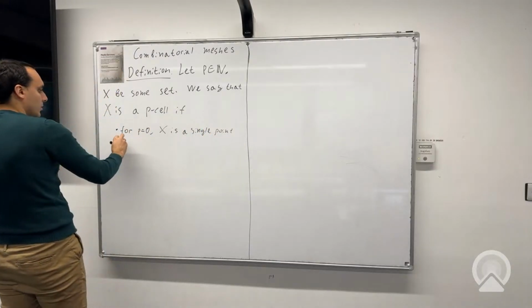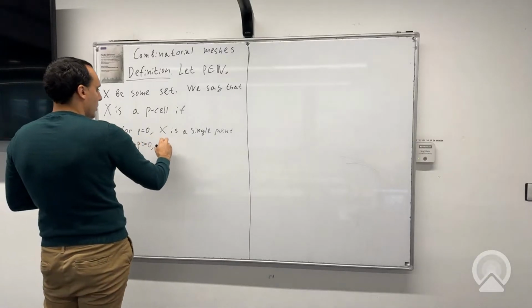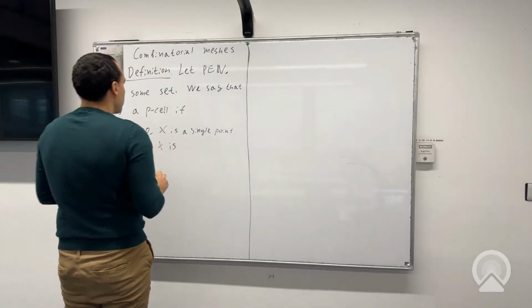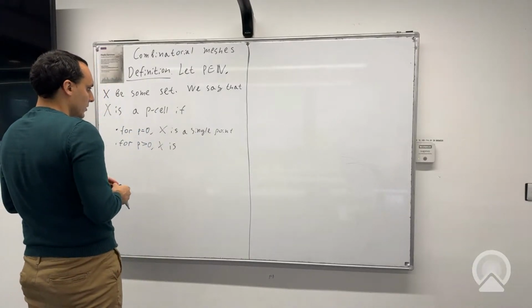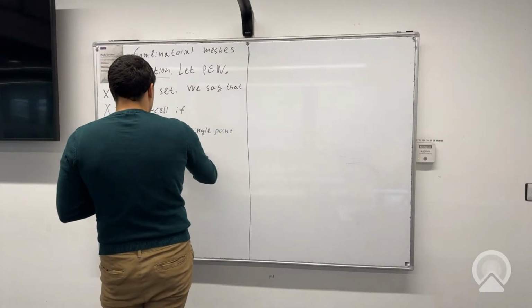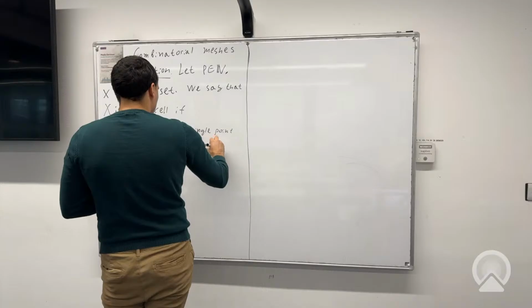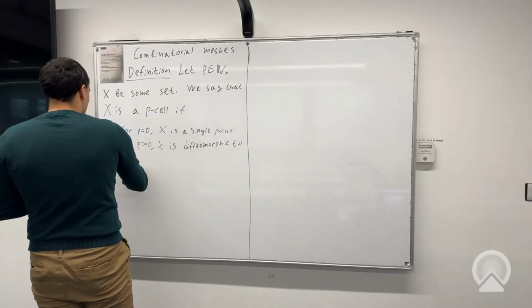And for p bigger than 0, I will work in the smooth world, so I will suppose X is diffeomorphic to an open p-ball.